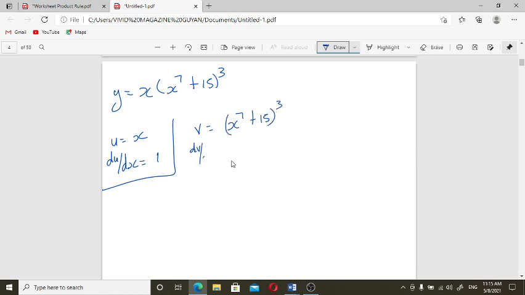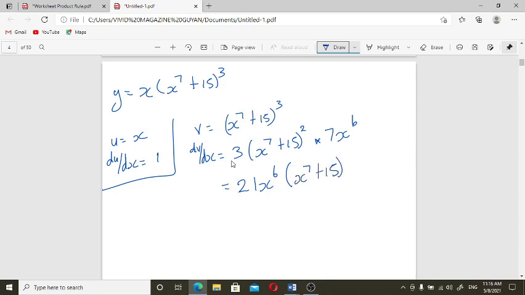So dv upon dx is equal to 3, open bracket, x to the 7th plus 15, squared. And then of course what's in the bracket is going to be differentiated. We have 7x to the 6th. So this is now going to be equal to 3 times 7x to the 6th, which is 21x to the 6th, times (x to the 7th plus 15) squared.